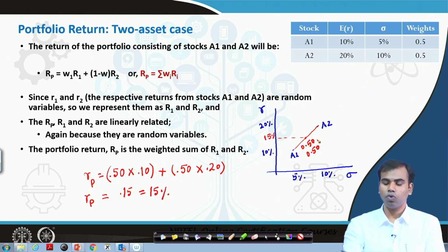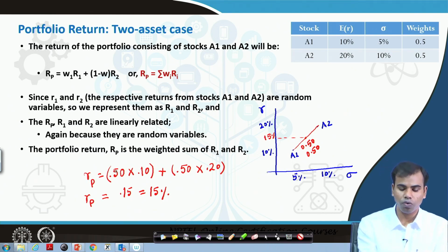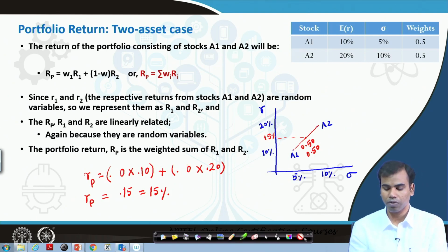So, if you know the weights to be assigned to different assets, you can calculate the return on the portfolio in this particular approach. Suppose you want to change the weights to a different combination. Now you want to invest less money in A because it is giving you less return.